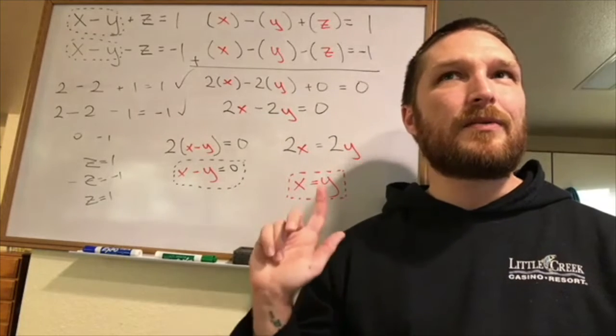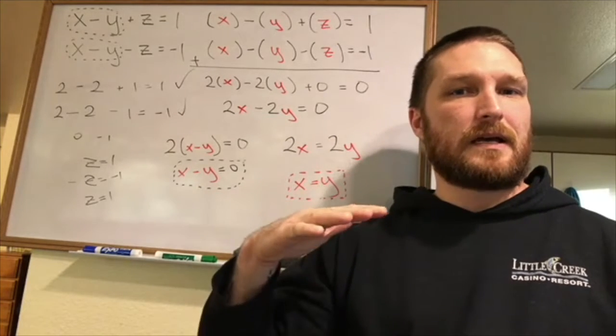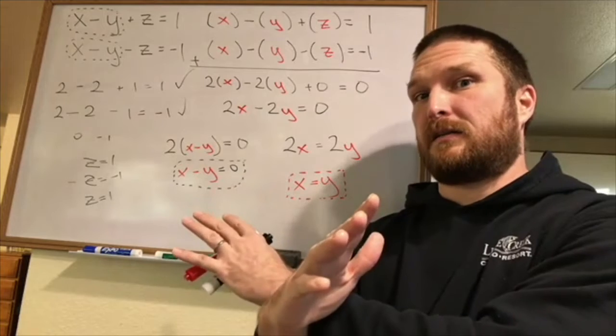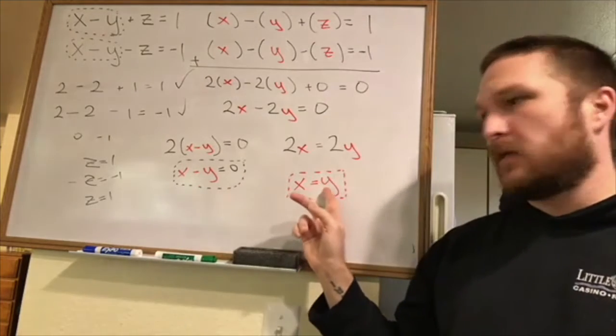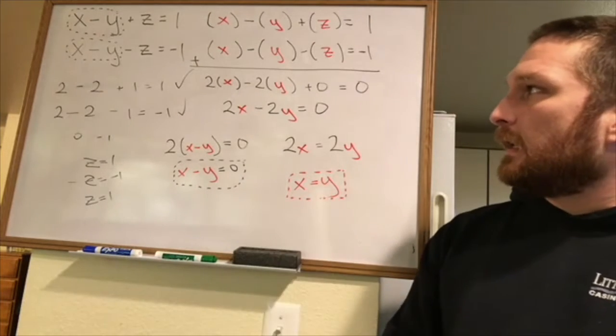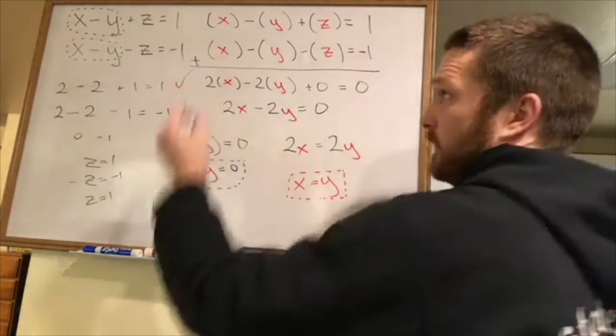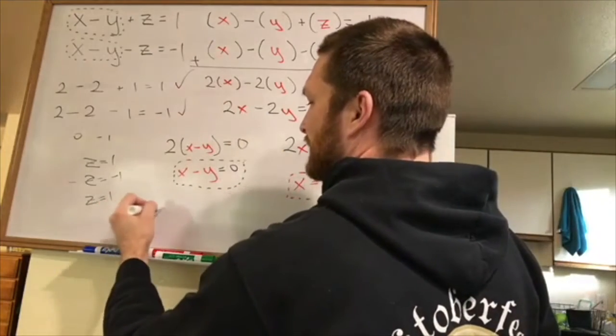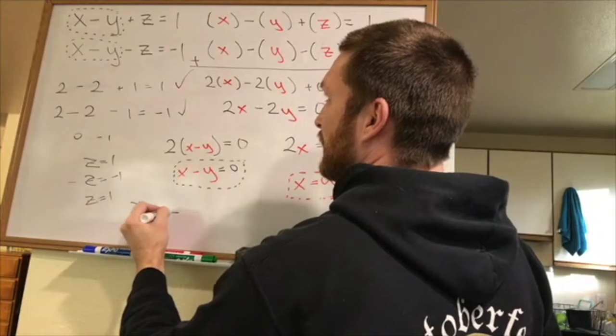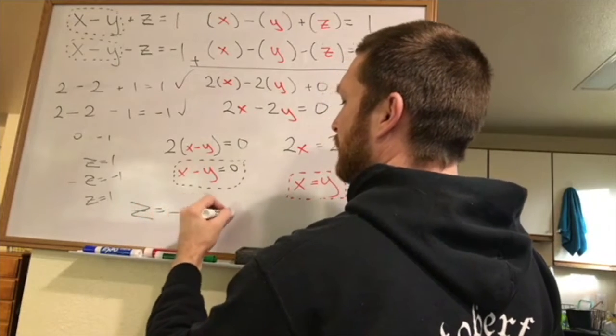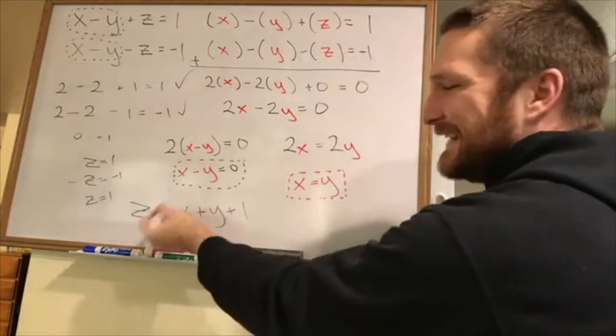Notice that other points on these planes where they don't intersect don't have to obey this right here. Like in the very beginning, when I had that first equation written as z equals negative x plus y plus 1, we could take any two numbers here.